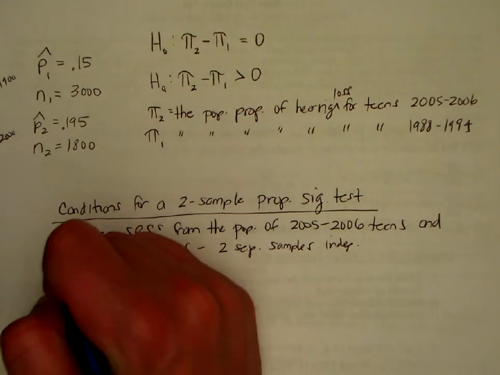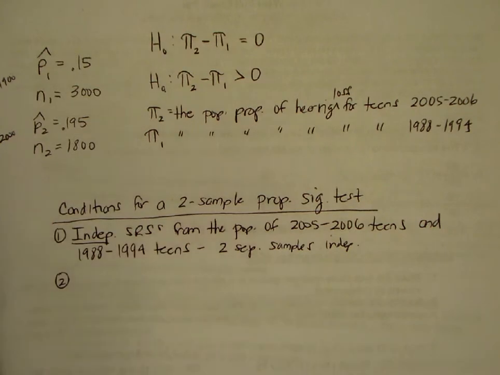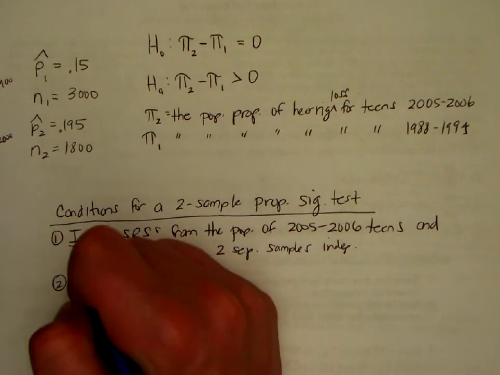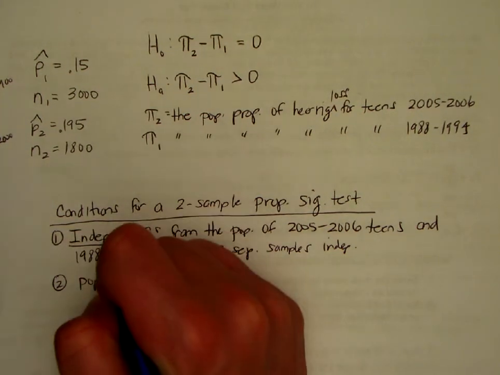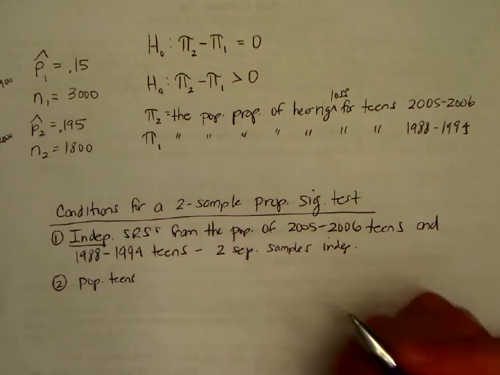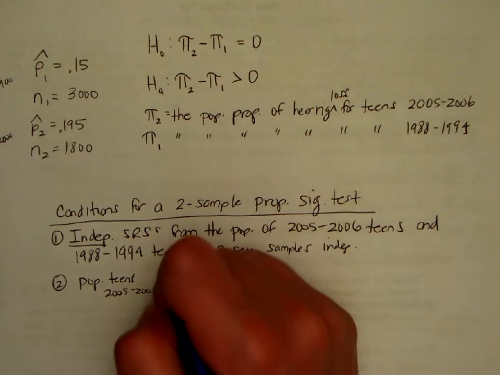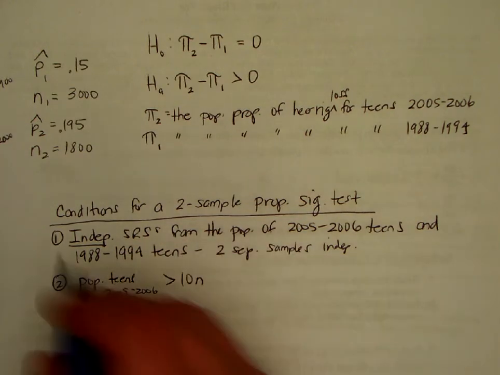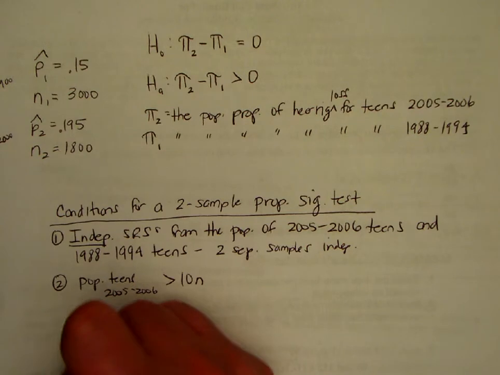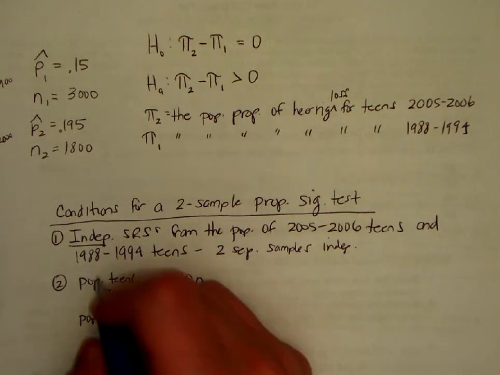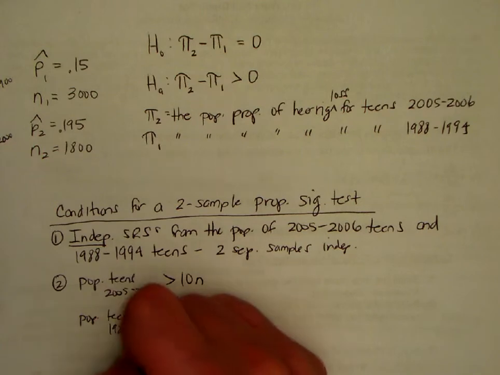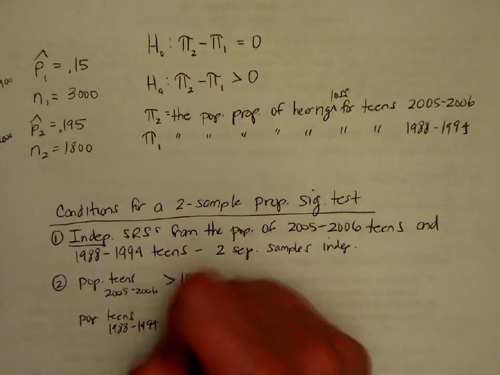Now number two, we are sampling again, so population greater than 10n, because we're not replacing, is going to come into play. But now you have two populations to worry about. So we actually have to check the population of teens 2005 to 2006 is greater than 10n, and the population of teens 1988 to 1994 is greater than 10n.